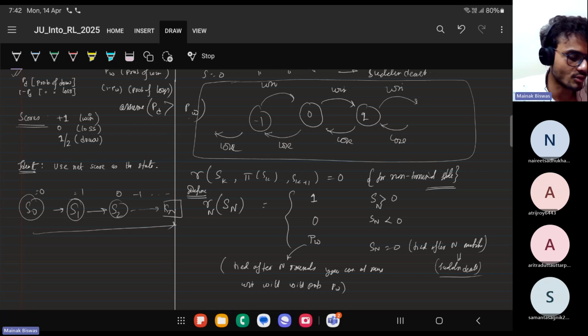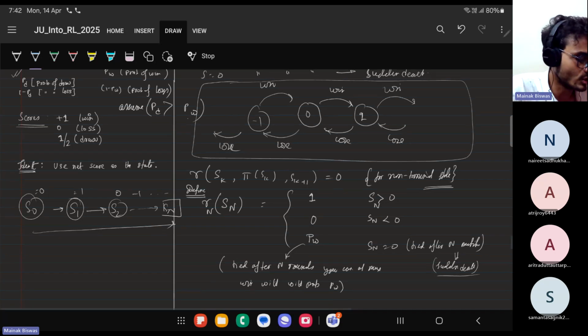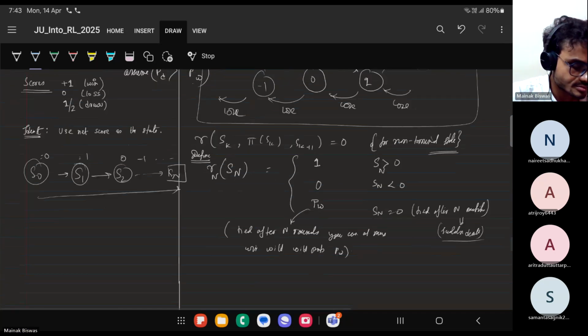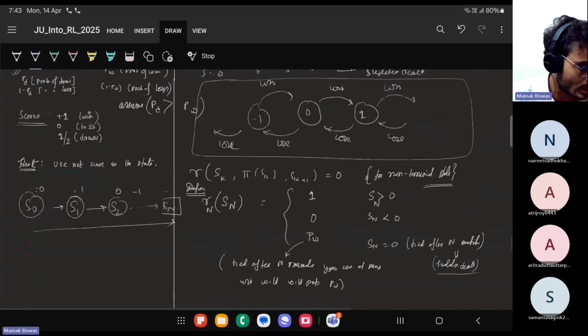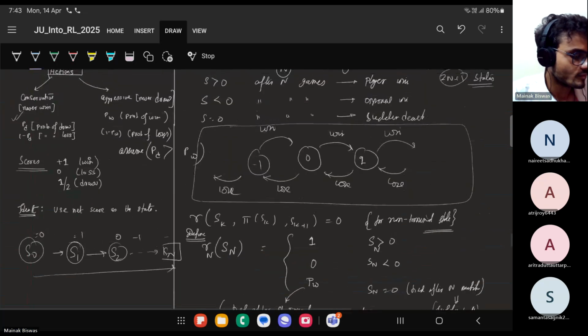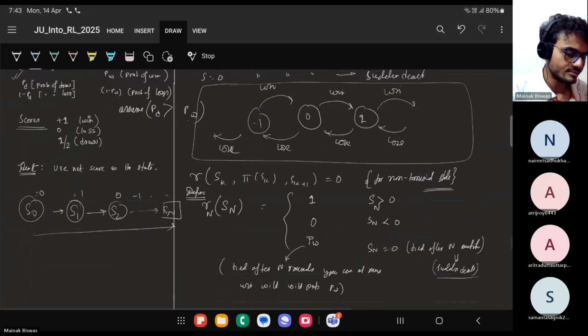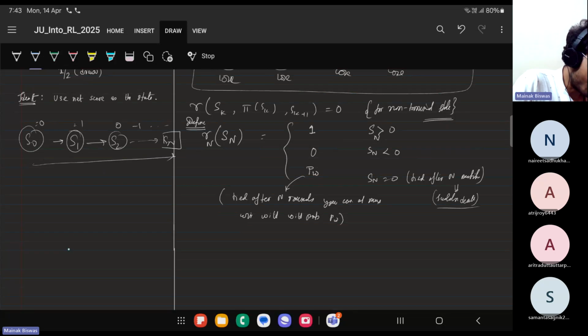PW is the probability of winning if you are tied, and 0 means you are never going to win. Is it clear? I'm waiting for questions. Yes. So if that is fine, tell me what would Vk of Sk be?